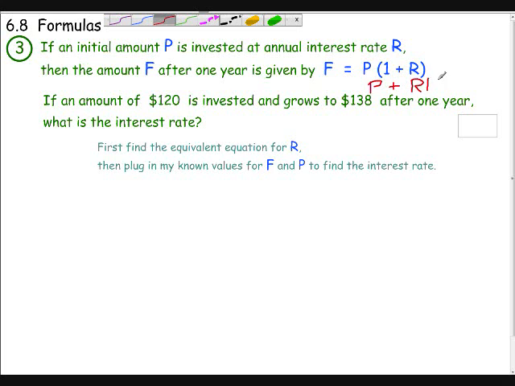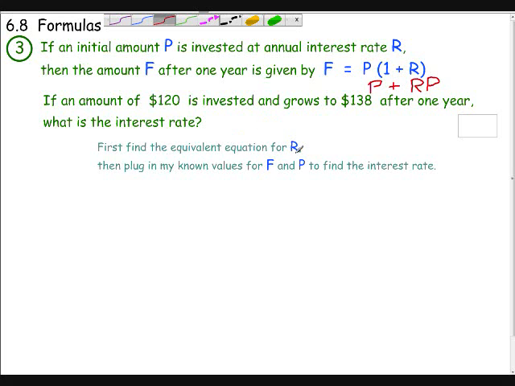Times the principal. So this formula here, the final amount, has factored out the P, leaving us with P times 1 plus the rate. If an amount of $120, that's my principal, is invested, and I end up with 138 after 1 year, what is the interest rate?